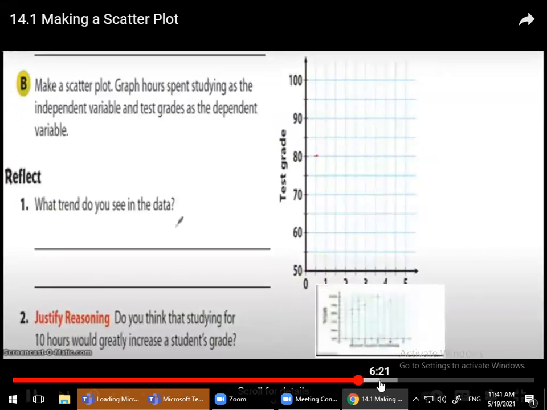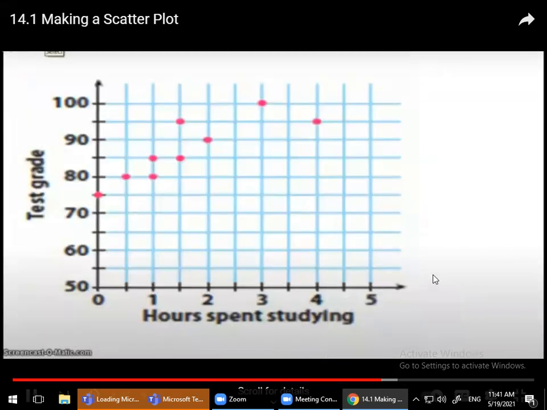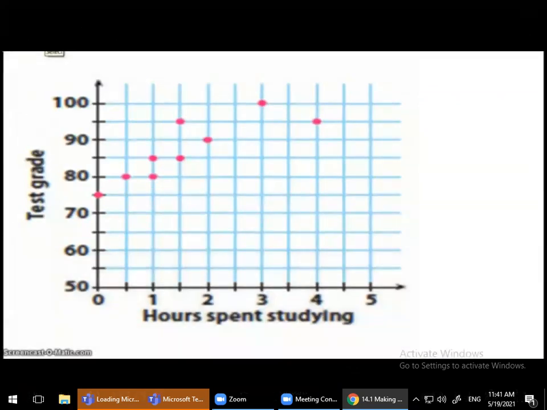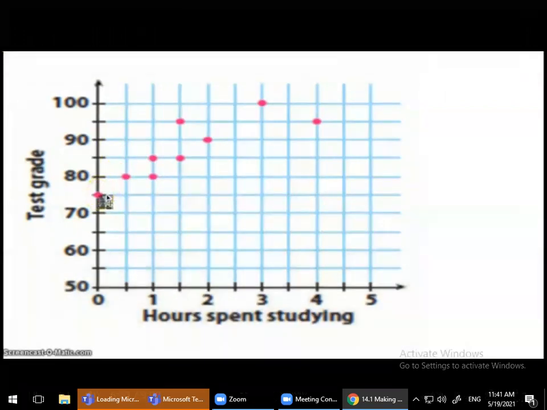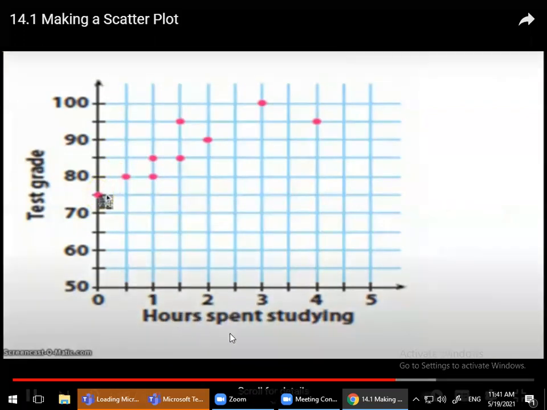This is 0 hours and 75, hours spent studying, and this is test grade. 0.5 and 80.